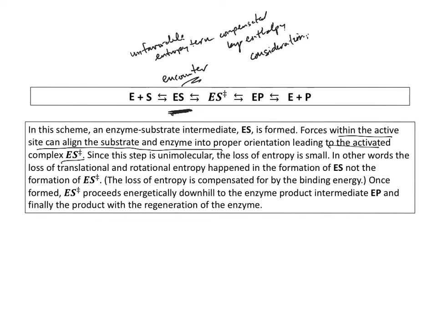Having that two-body to one-body step happen first lowers the barrier for the internal reaction to occur that might not be as favorable from an enthalpy standpoint, and entropy is not going to take you in the wrong direction here. So this is very nuanced, but it is an important distinction in having the two-body event happen first and then an internal rearrangement to give ES dagger.